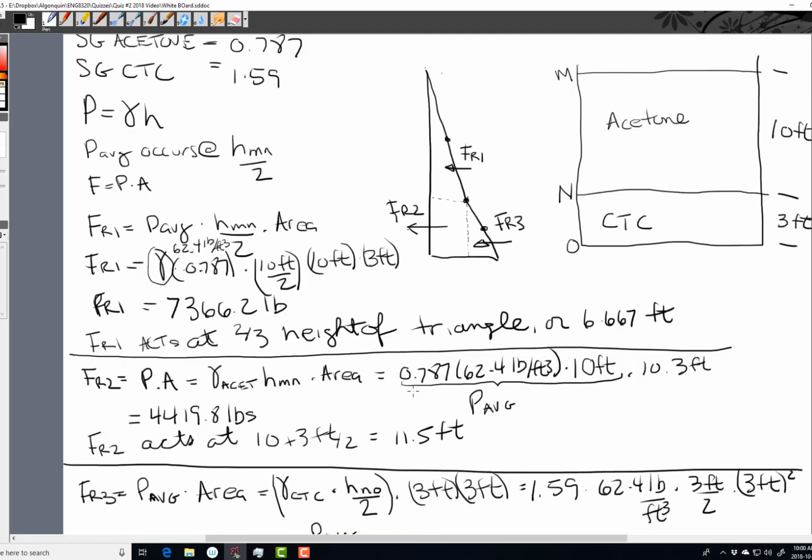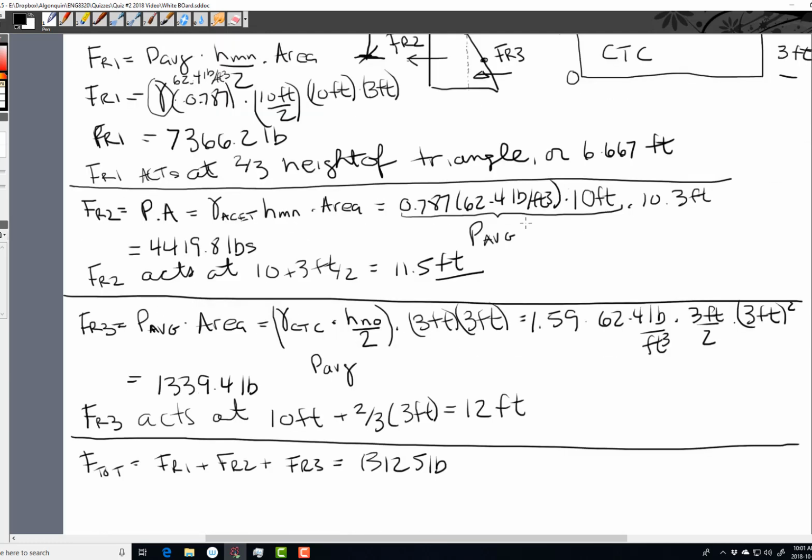Remember, we've got FR1 here at 6.667 feet. FR2 is going to act at 11.5 feet, this value right here. And then this one, if you recall, is going to be 12 feet.